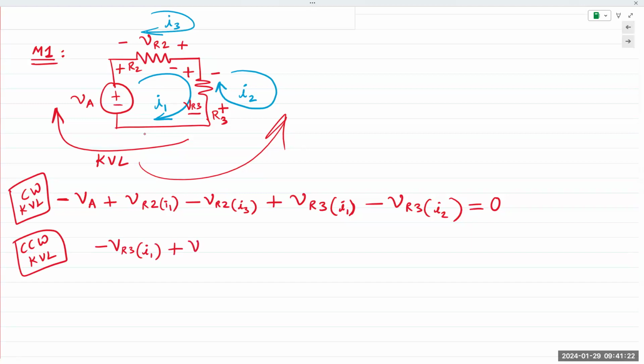And then plus VR3 due to I2. And then minus VR2 due to I1 and plus VR2 due to I3 plus VA equals 0. Take a look at every component and you will see that it is the exact same equation.